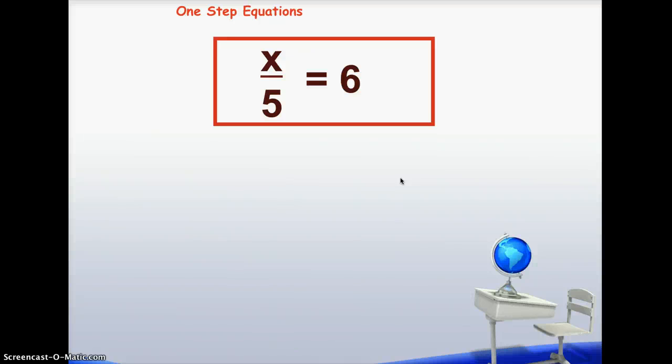Now it's a one-step equation in division. Again, you need to think of what's the opposite operation of division. And it should always be the number that is with the letter or with the variable. So in here, the number that is with the variable is 5. So divided by 5.